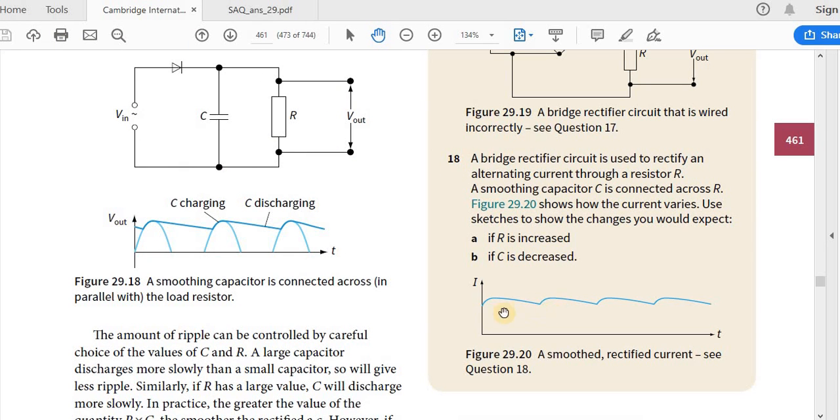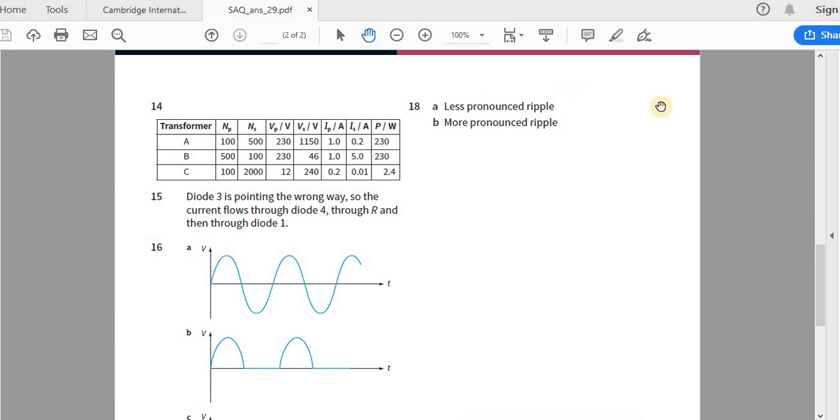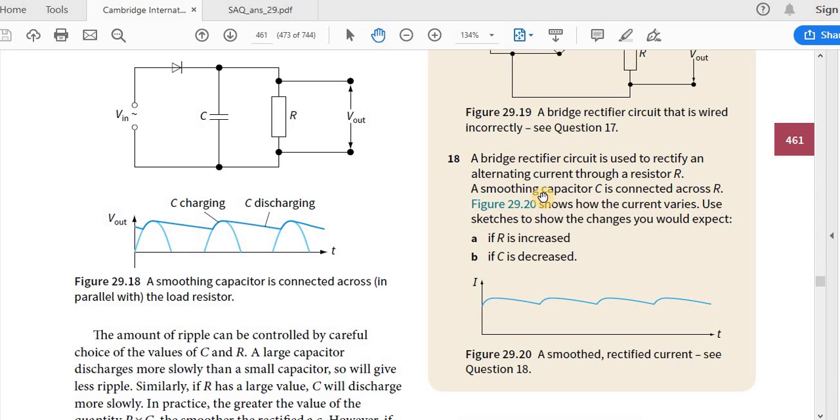Think of the ripples you get when you throw a stone in the water. More pronounced ripple means it looks more bumpy. Less pronounced means those bumps are low, not as sharp ripples.